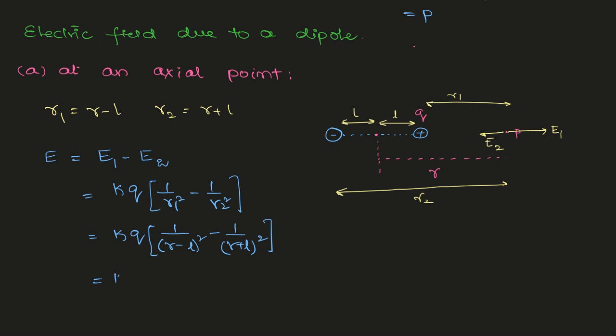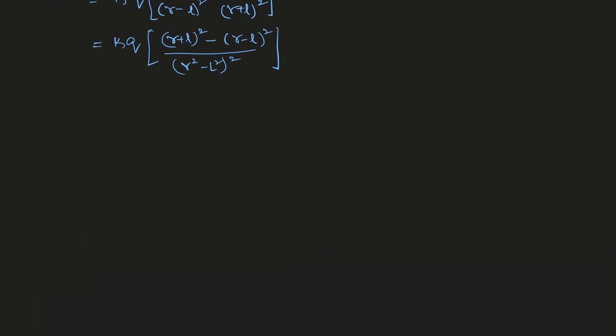So if we take LCM, we'll get KQ into (R plus L) whole square minus (R minus L) whole square by (R square minus L square) whole square. Here (A plus B) whole square minus (A minus B) whole square is there. So from this, KQ into 4AB, that is 4RL, by (R square minus L square) whole square.